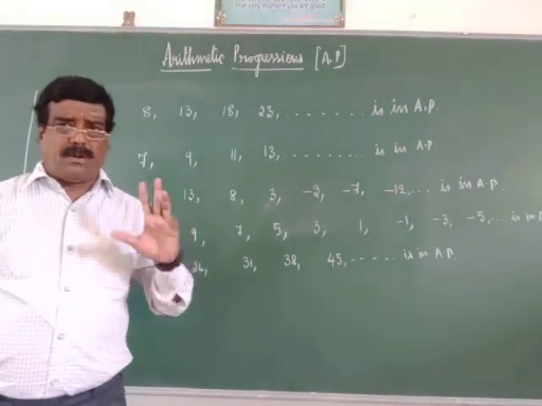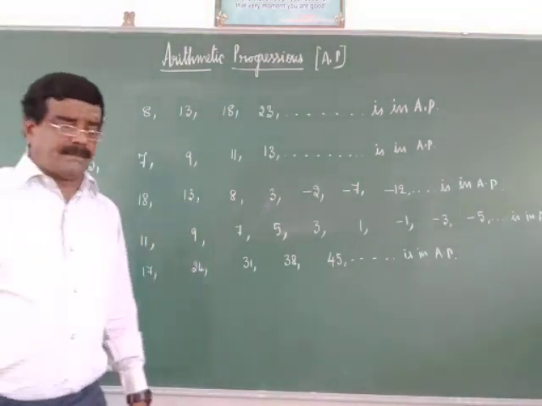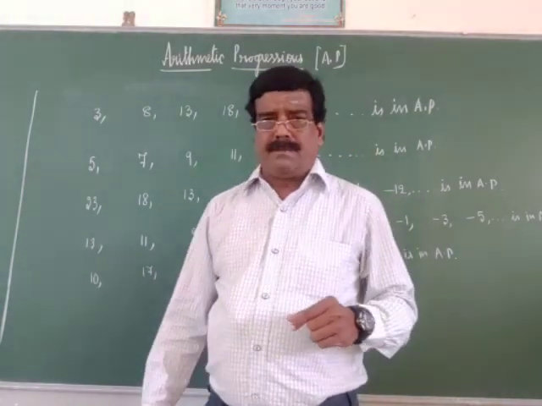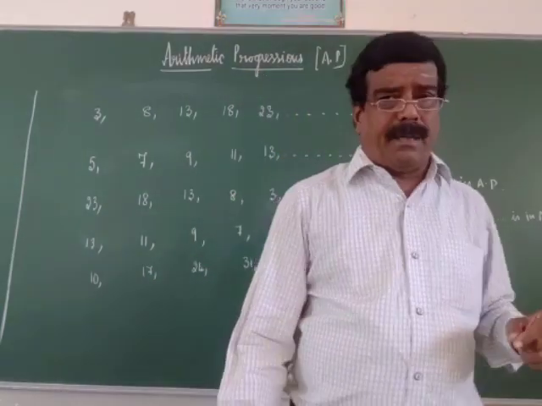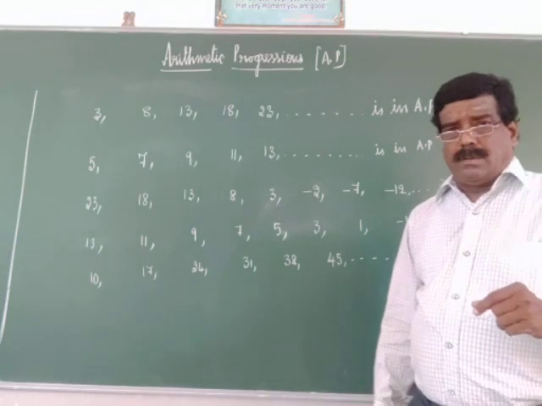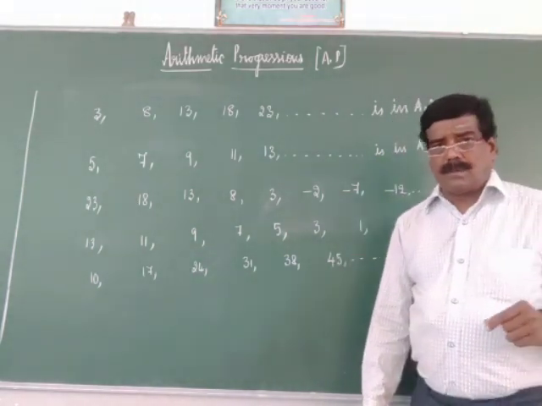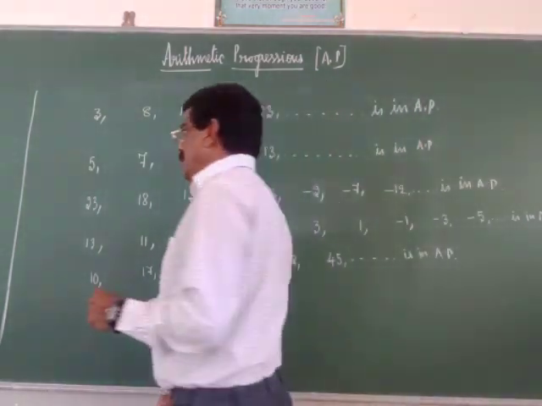So just recall that to say a set of sequence or numbers is in AP, the common difference must be the same. Common difference I will explain once again, children.